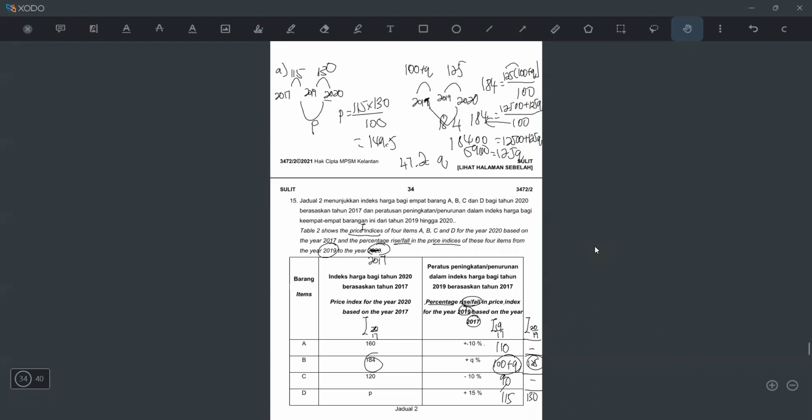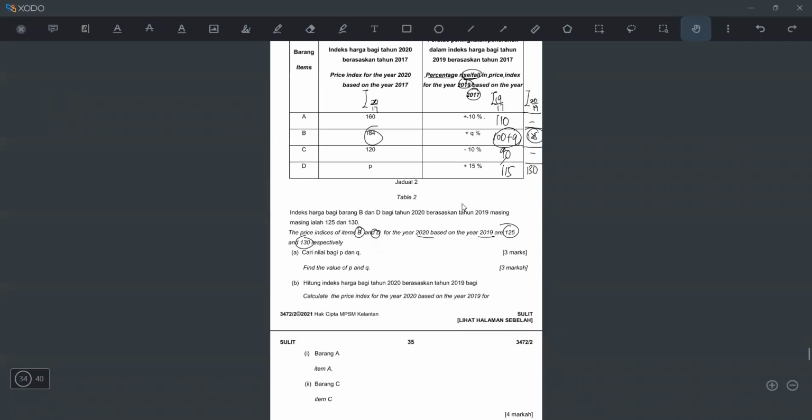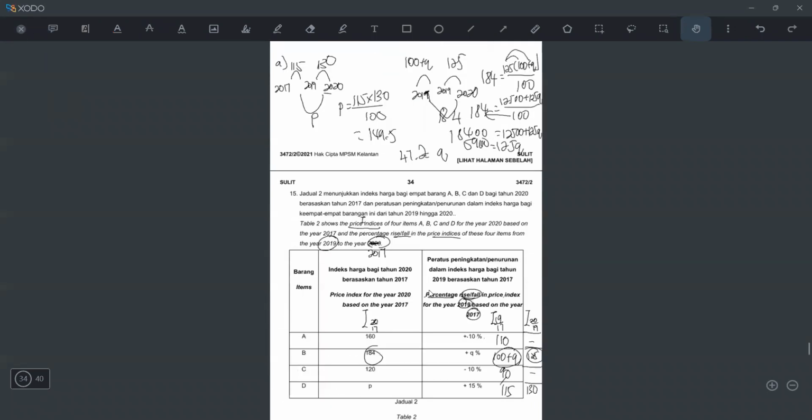But of course you don't have to write the working there. You don't have to write like me because you can just write in the answer space provided. They provide the space for you. Done. Okay, if you're done, you can try to do B by yourself.